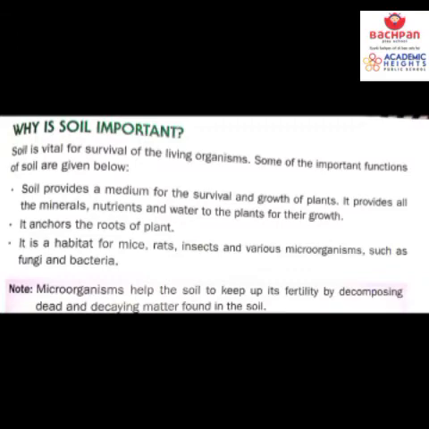You should remember, microorganisms help the soil keep up its fertility by decomposing dead and decaying matter found in the soil. And this dead and decaying matter, either of plants or animals, makes humus. That is a very fertile layer, जिसको हम लोग खाद भी बोलते हैं, जिसको हम लोग use करते हैं to grow the plants, right? To provide fertility to the plants.